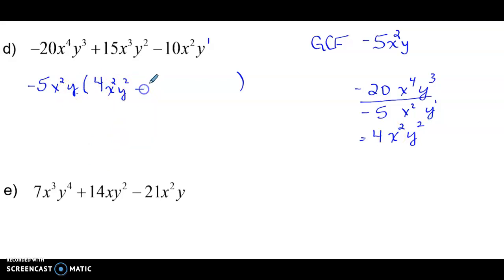Negative 5 multiplied by a negative 3 is positive 15. X squared needs one more x for it to become x cubed. Y needs one more y for it to become y squared. Negative 5 multiplied by positive 2 is negative 10. X squared doesn't need anything to multiply with because I already have this x squared.